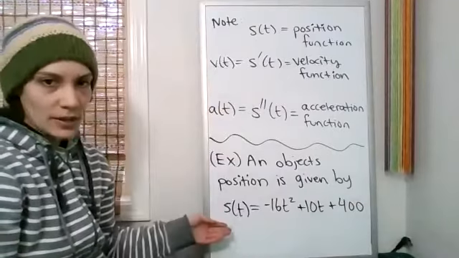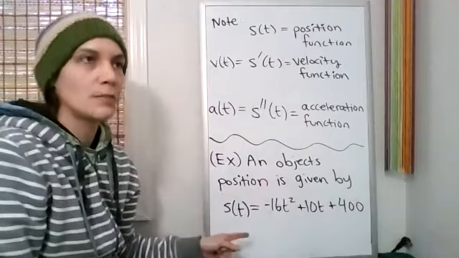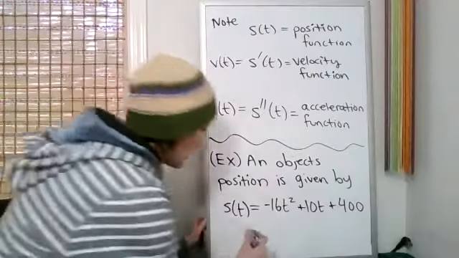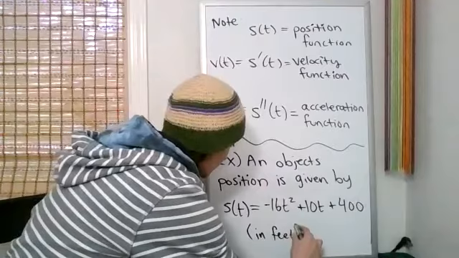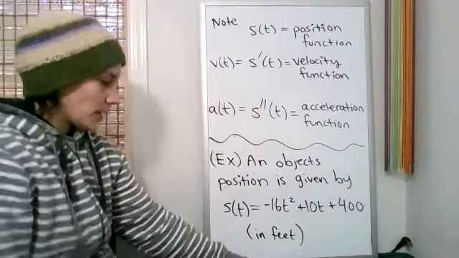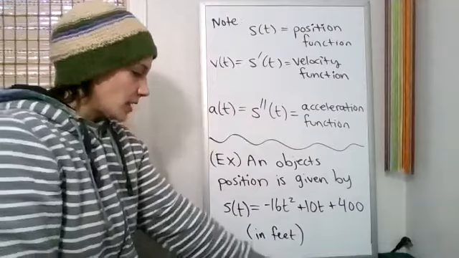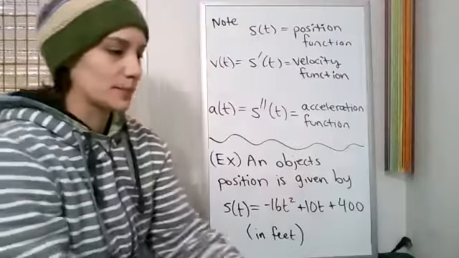Okay, and also these values, these outputs are some number, and that's measured in feet. Okay, we want to find the velocity at t equals 2 seconds.